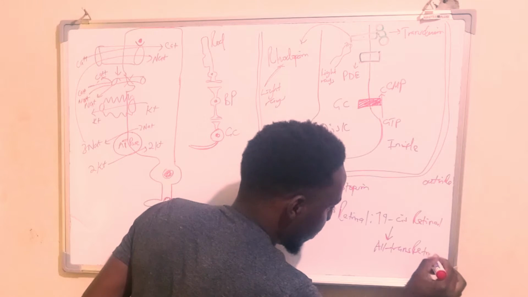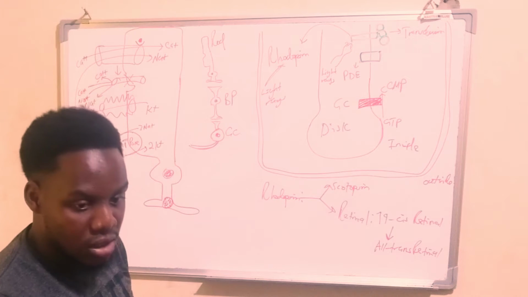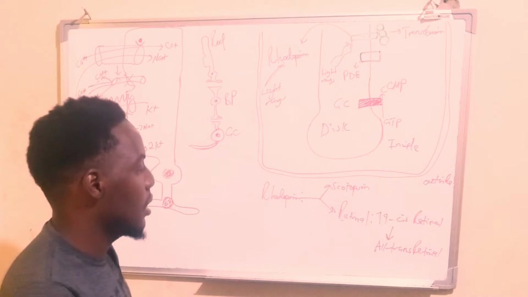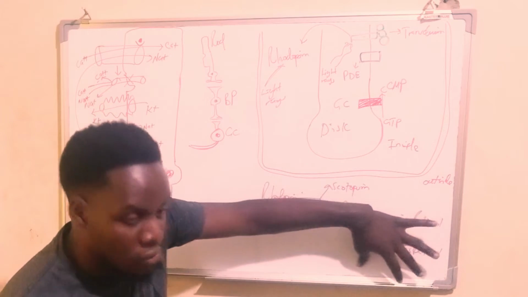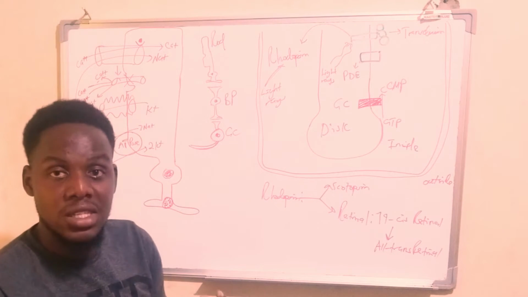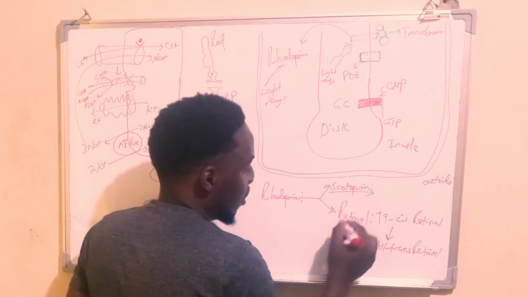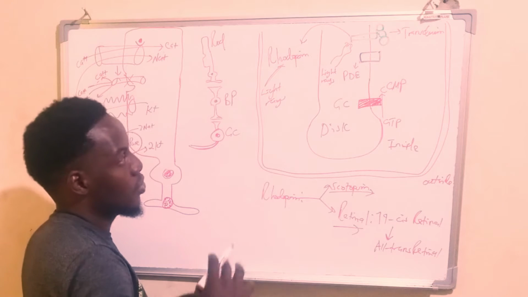From the beginning, I said that only 11-cis retinal has the conformation that is needed to bind to scotopsin in order to form rhodopsin. Because now the conformation has changed, it's an all-trans retinal. It's no longer 11-cis retinal. So this scotopsin will move away, and the retinal, now all-trans retinal, also moves away.